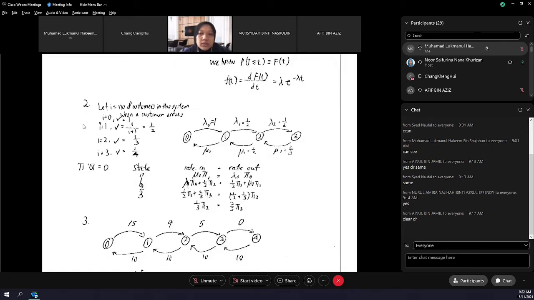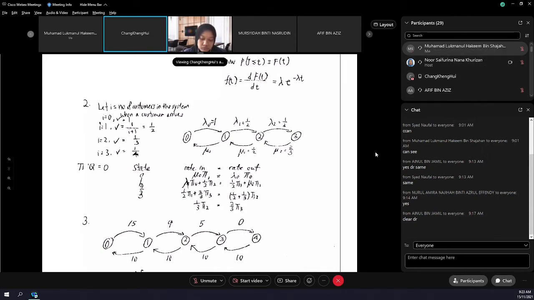All right, so you can explain. Let I equal the number of customers in the system. When I equals 0, the customer will join the queue with probability (I plus 1) to the power of -1.